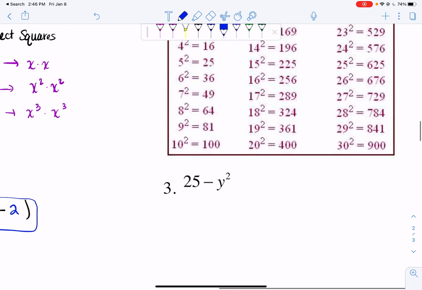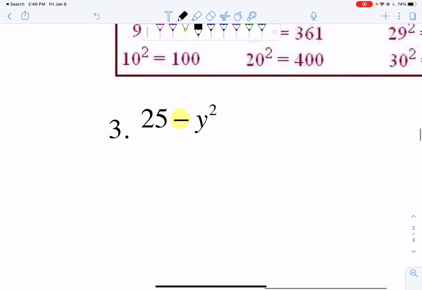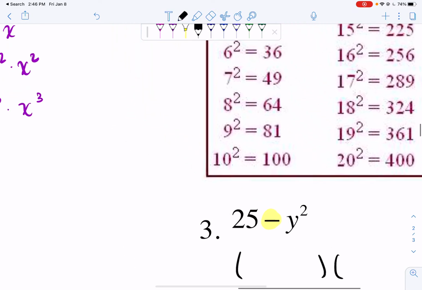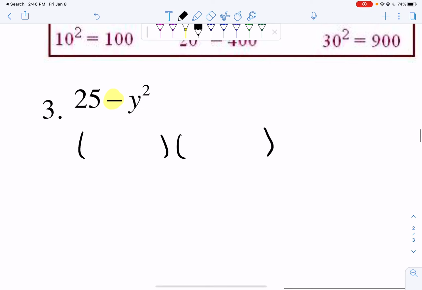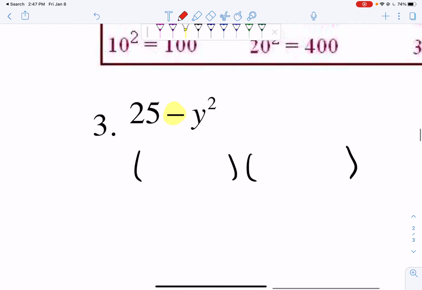Now number 3. I've got a minus. 25 is a perfect square. Y squared is a perfect square. So I just go ahead and do my difference of 2 squares factoring. Do your 2 sets of parentheses. 1, 2. Just like this. I ask myself, what makes 25? Well, I know that 5 and 5 make 25, so I'm going to break apart that 25 to be 5 and 5.